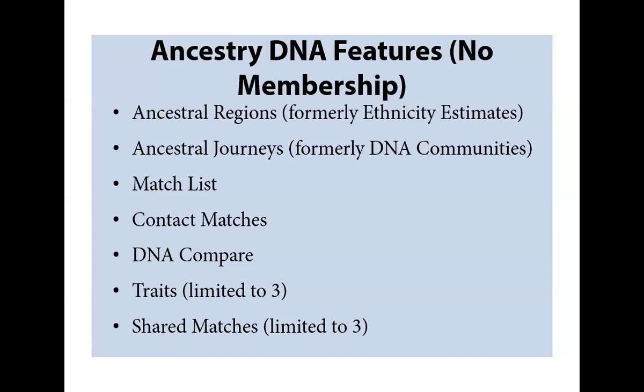You learn about different communities of people that you might fall into, such as different settlers of an area, or people that had come over to a different province at one point, like in Canada or in Europe. You might see some of those communities. Those are now called ancestral journeys. You see your match list, you can contact those matches, you can compare your DNA with them, and you have limited options on traits, so different genetic traits that you might have, and also shared matches, which are also limited to 3.